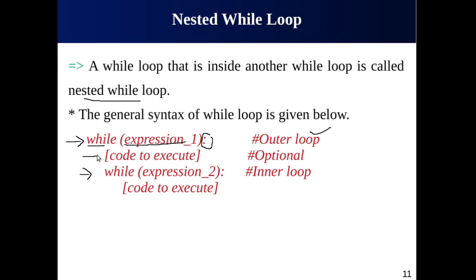Here we can have a single or multiple statements, but that is optional. Then it is followed by another while loop, which is inside the body of the outer loop. So it is called the inner loop, which is followed by a boolean expression, and then the code to be executed. This code is inside the body of the inner loop as well as the body of the outer loop. So this will execute only when both the conditions in the inner loop and outer loop are true.